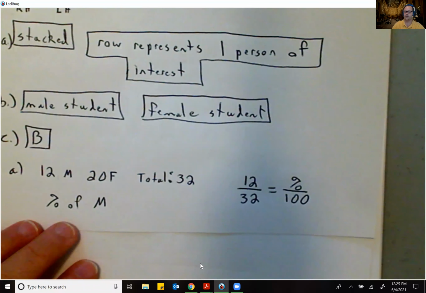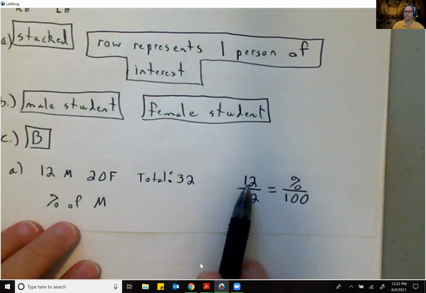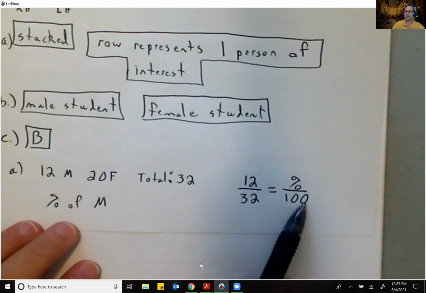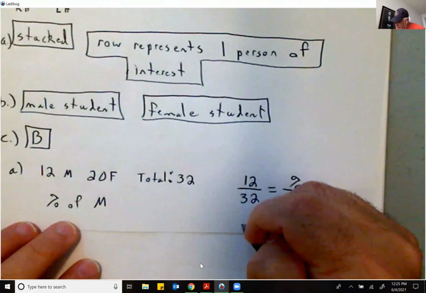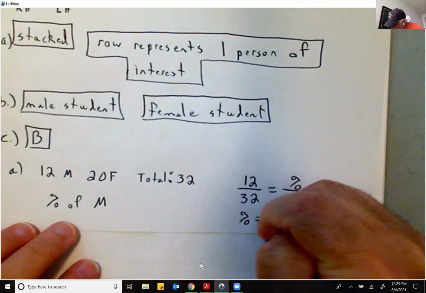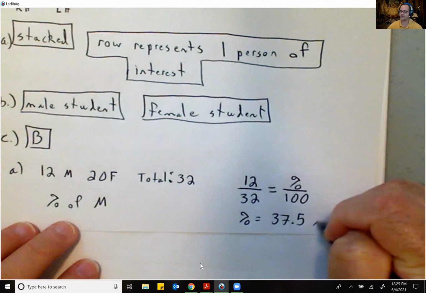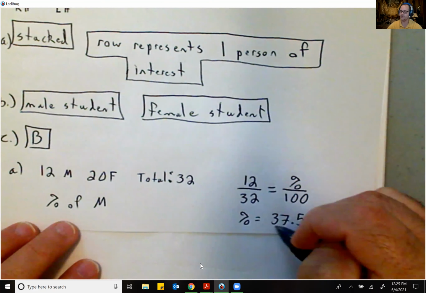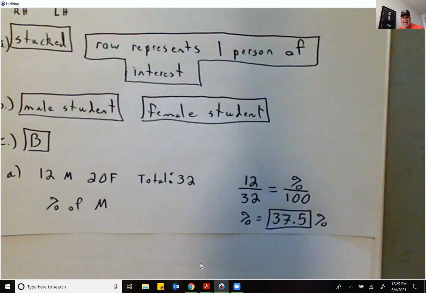Because if you cross multiply, you'd have 1200 equal to 32x, and then you would divide by 32. 37.5. There you go. Percent is 37.5%. And we don't have to round because it already is at 0.5, right? Or did you round for me, Ruben, already? No, I didn't. There you go.